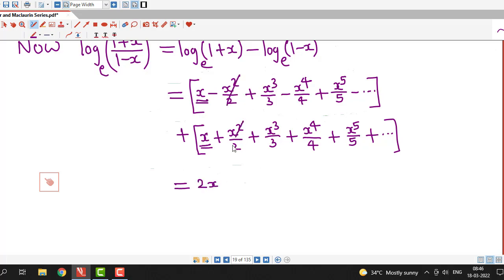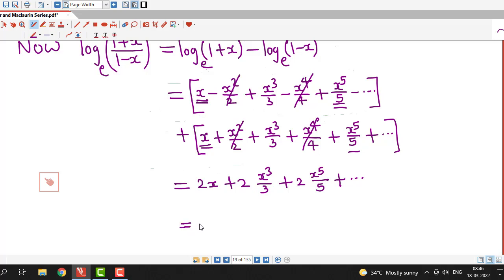This x square by 2 will cancel out, and we have 2 times x cube by 3, plus this term will cancel out, and this is going to be 2 times x raised to 5 by 5, and so on.